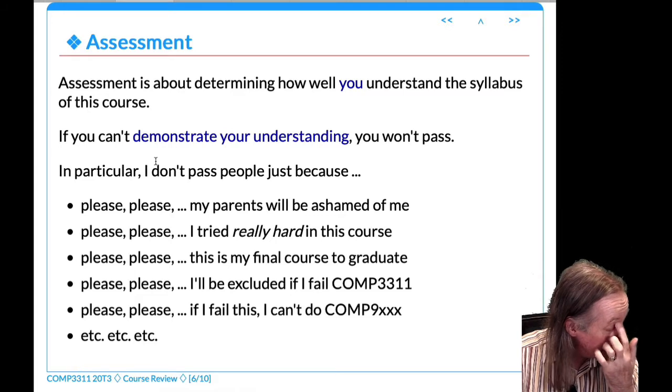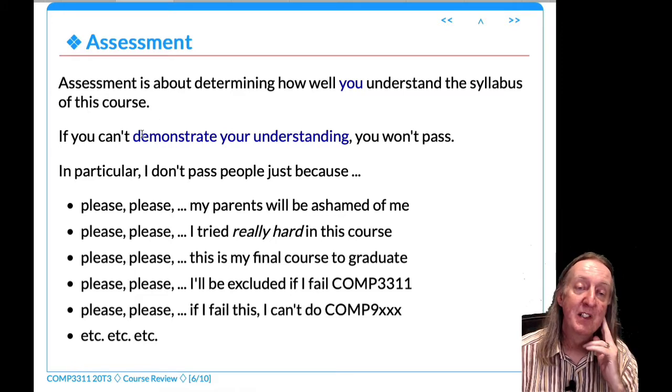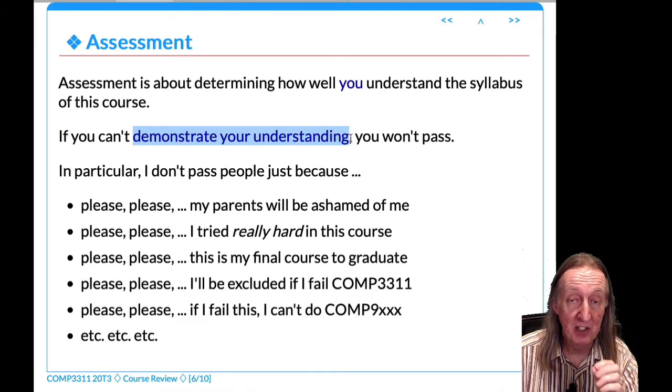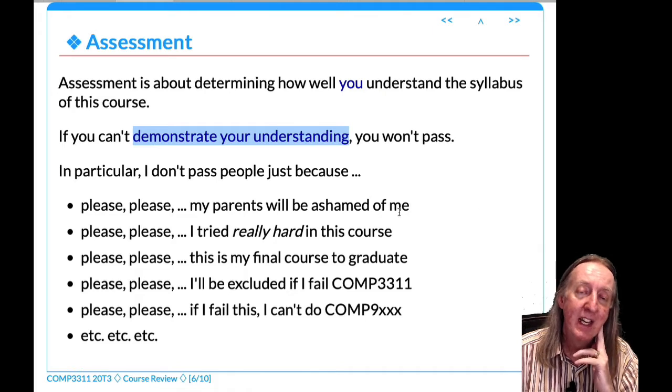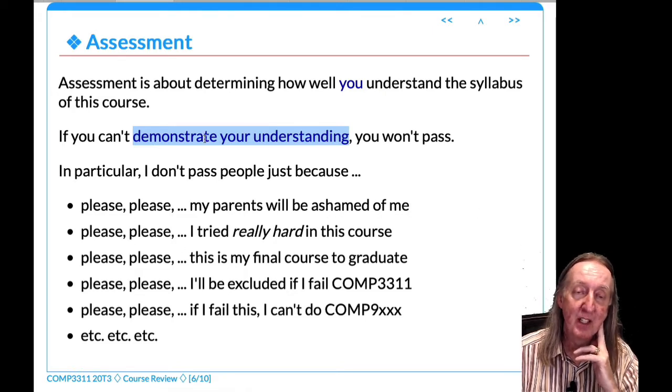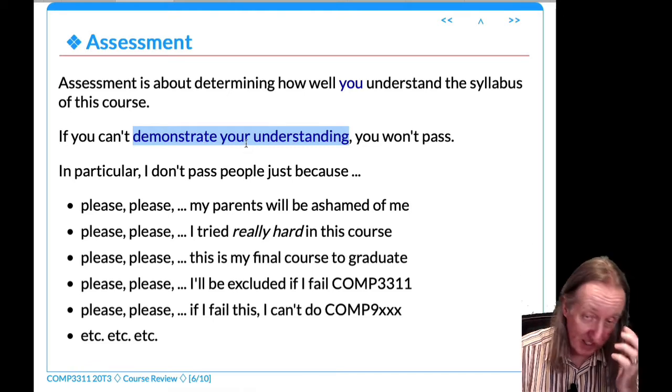And every year I get people who clearly didn't do this, or at least they didn't do it in the exam, the assignments and so on, and they come up with reasons why I should pass them, despite the fact that this clearly didn't happen.